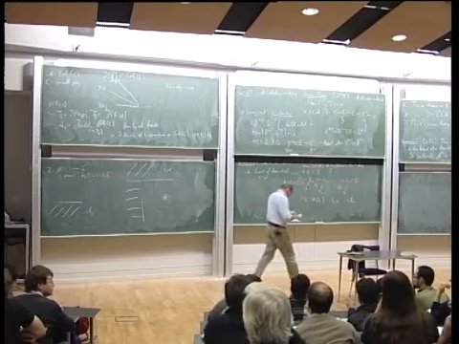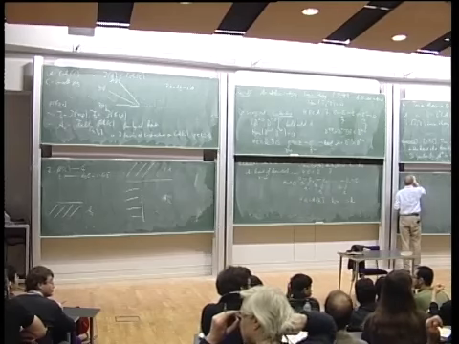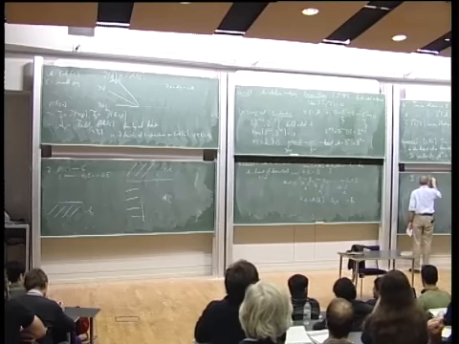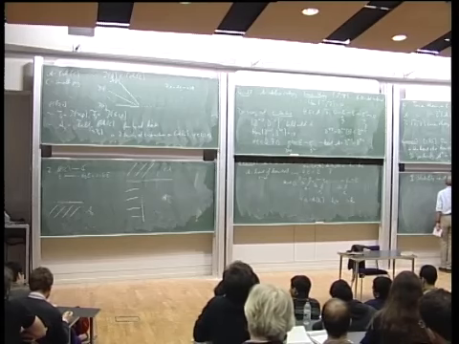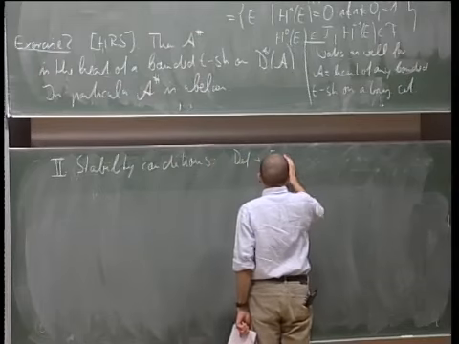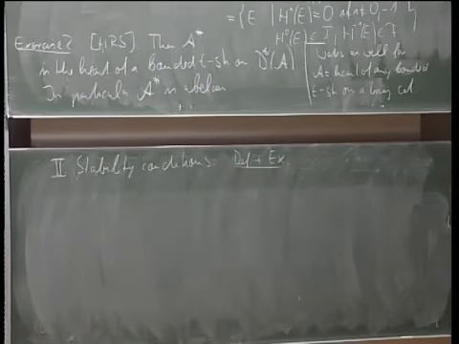So this was the end of my talk yesterday, and I pass to my talk today, stability conditions. I will give definitions and examples on curves, and actually hope to classify them.